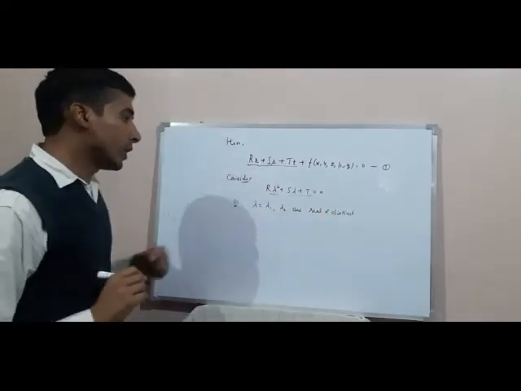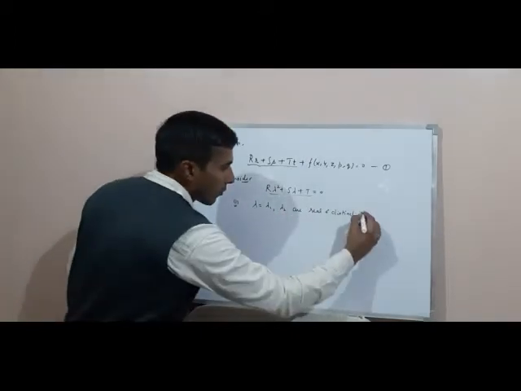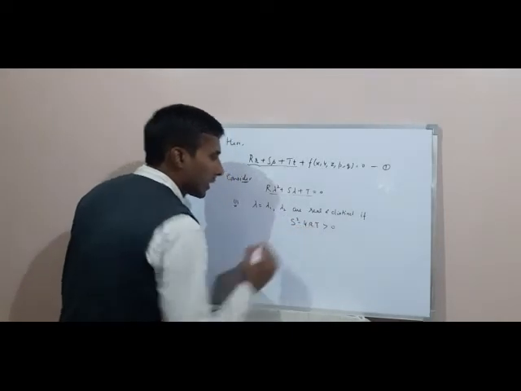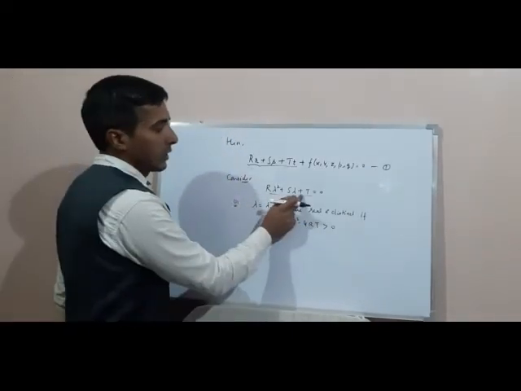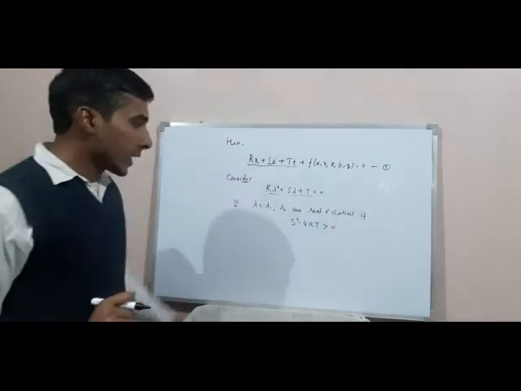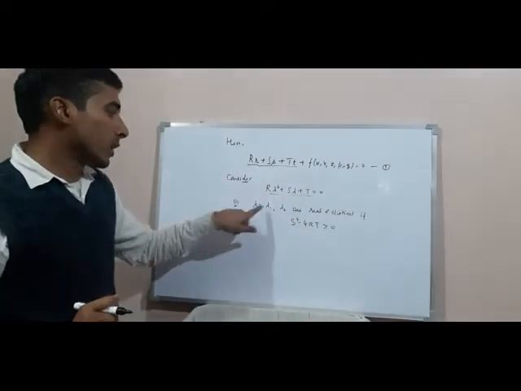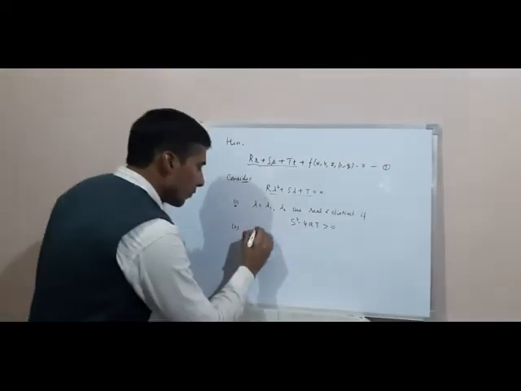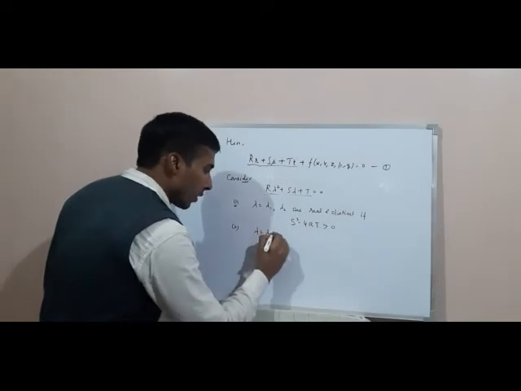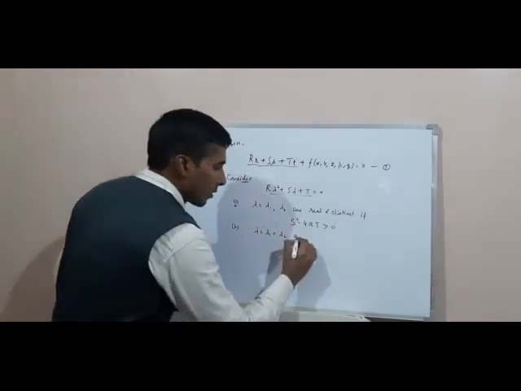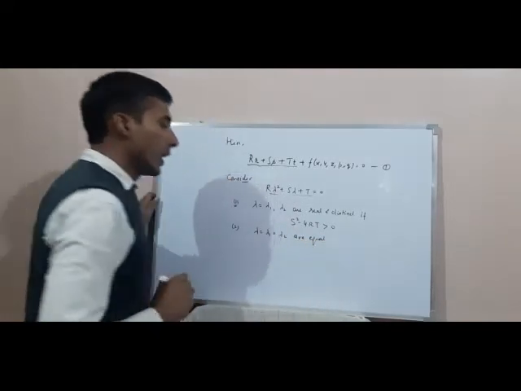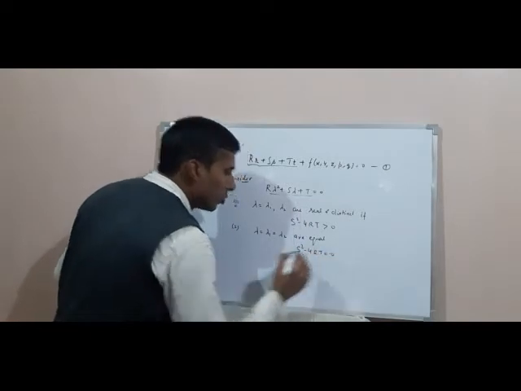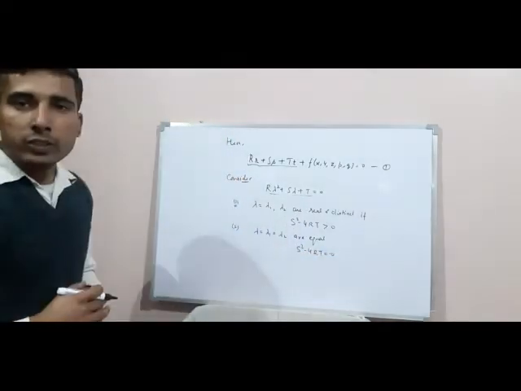This will happen if S² − 4RT is greater than 0. That means if the discriminant is greater than 0, then the values of lambda are real and distinct. The second possibility is that the values of lambda are real and equal, and this is possible only if S² − 4RT equals 0, that is, the discriminant is 0.